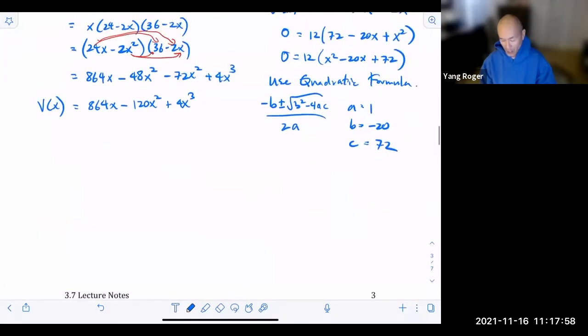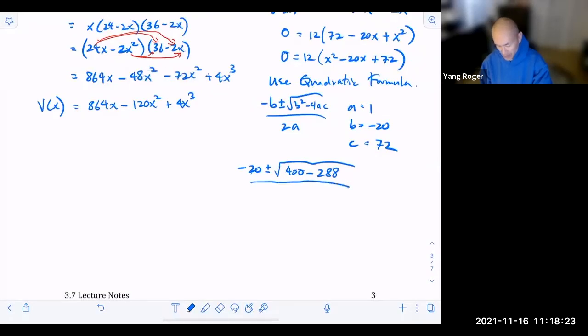So when I put all of these into the quadratic formula, I'm going to get negative 20 plus or minus the square root of 400 minus 4 times 1 times 72. That's going to give us 288, all divided by 2a, which is just divided by 2.